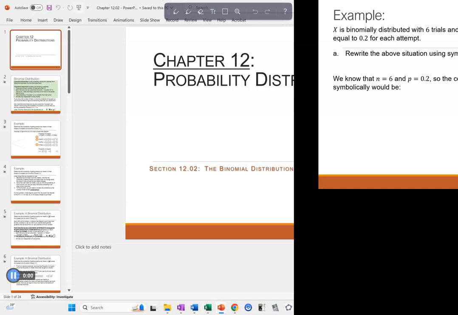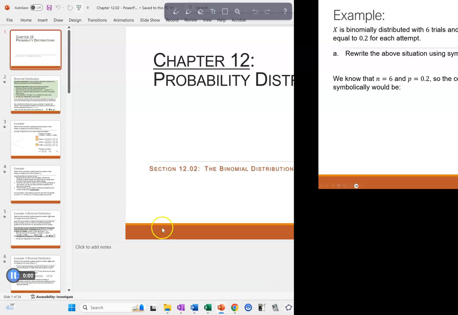So let's take a similar situation and just rewrite it using symbols and notation. It says X is binomially distributed with 6 trials and the probability of success equal to 0.2 for each attempt. Rewrite the situation above using symbols.